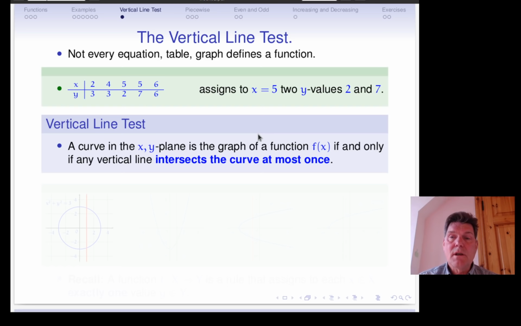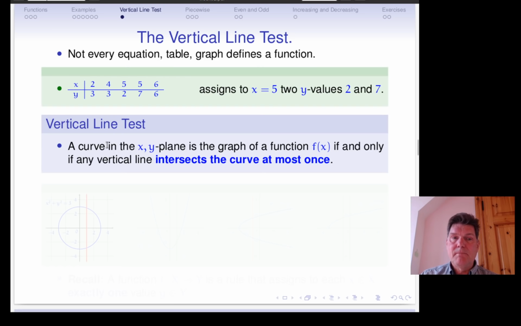And the vertical line test says a curve in the xy plane, any curve in the xy plane, is the graph of a function f of x if and only if any vertical line intersects the curve at most once.